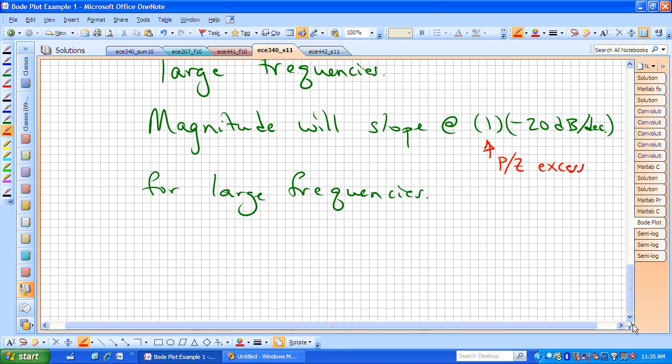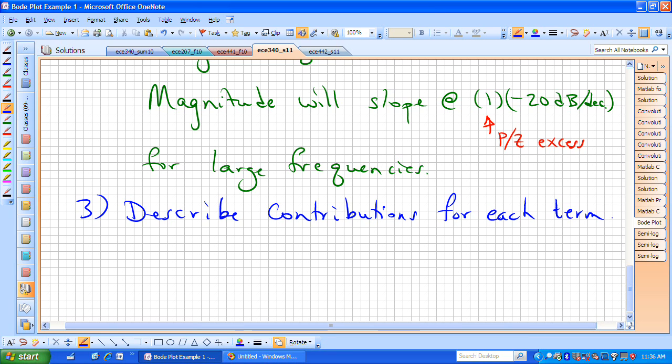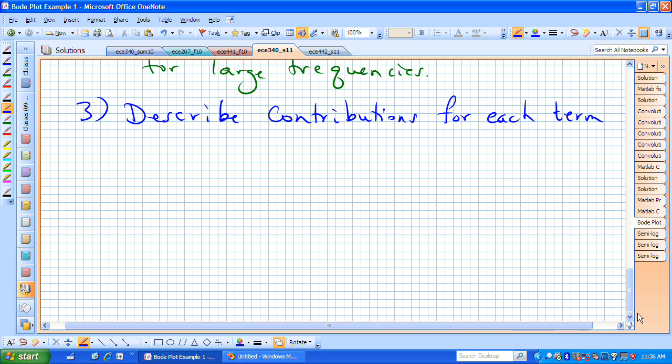Now that we have those observations, even before we start sketching, let's write down or describe the contributions of each of these terms in our transfer function expression. We have our constant term, and each of these terms has a magnitude and phase component.